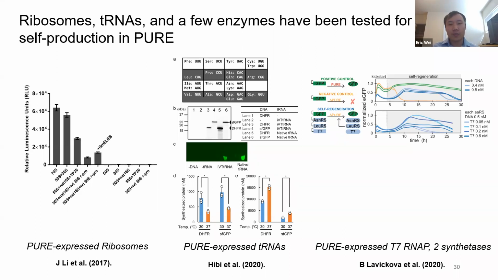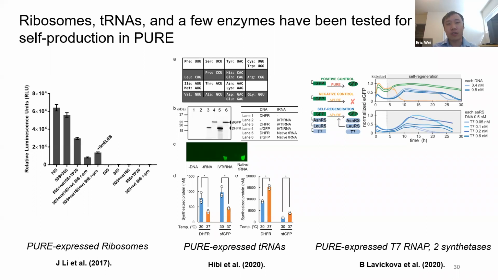And about a month ago, there's also a paper using an approach with microfluidics, where you flush in the full PURE system that makes a single component of PURE, then flush out and introduce a system without the component you're testing.